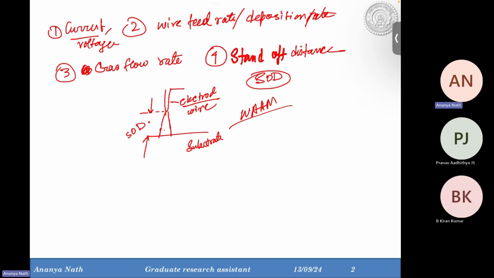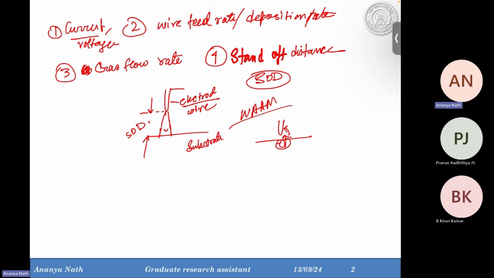If the stand-off distance is very low, then when the drop goes inside the melt pool, it will spatter some melted material, and it can affect the electrode, the charge, and the arc which is established there, or it can cause short circuiting between the electrode and substrate, and it may damage the whole process.